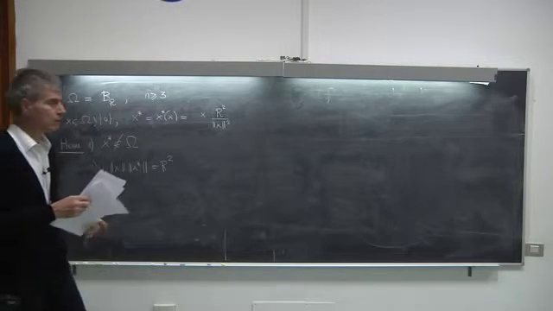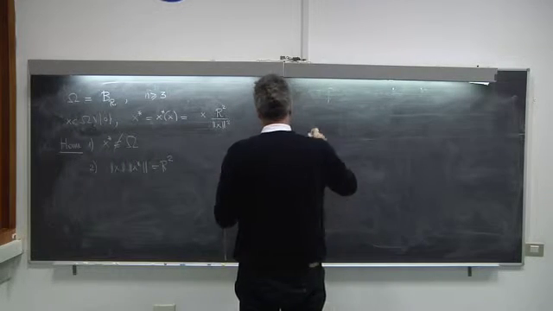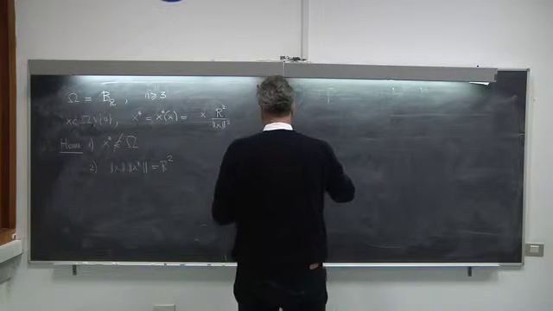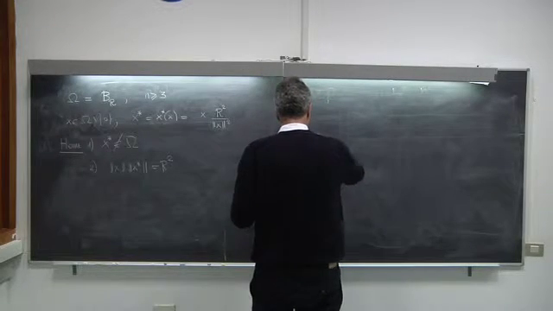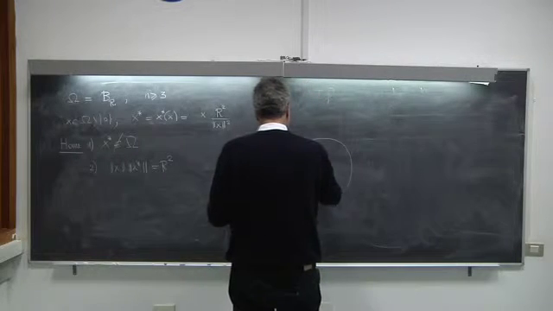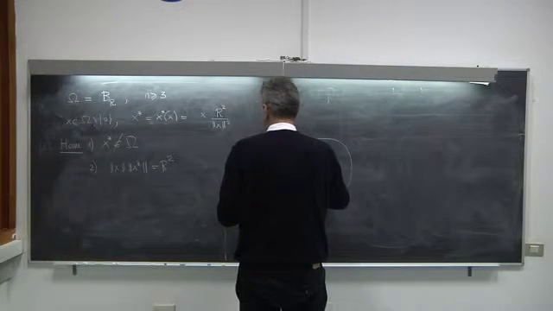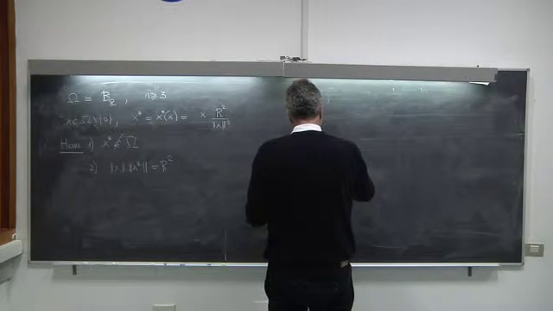Sort of inverse. Now let me try to do a sort of picture. So this is BR. Then I have a point x here.